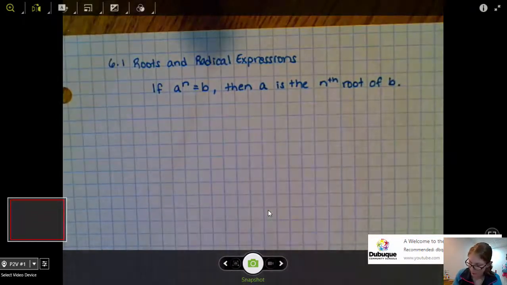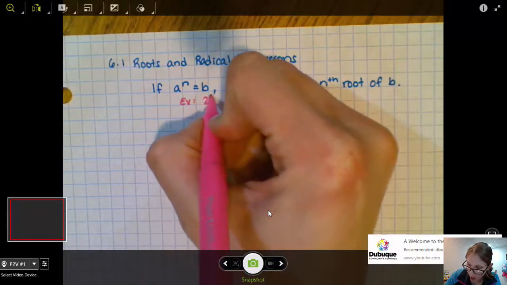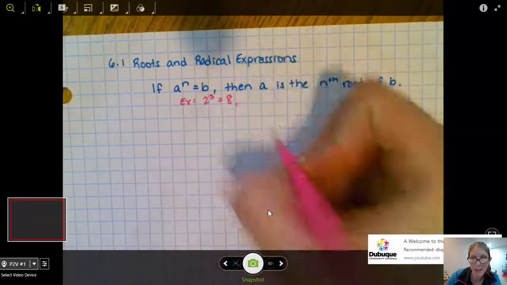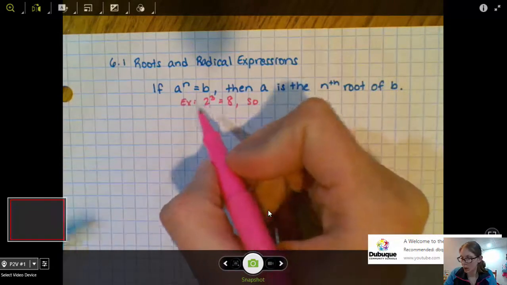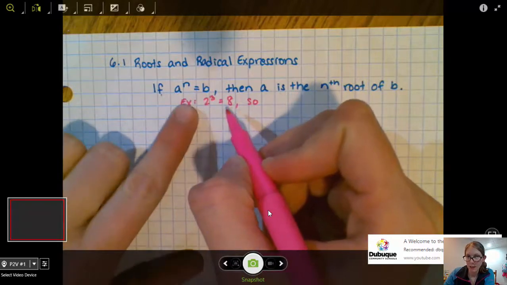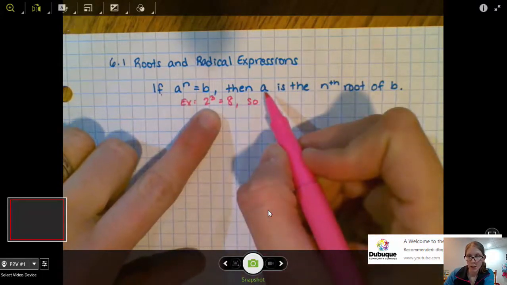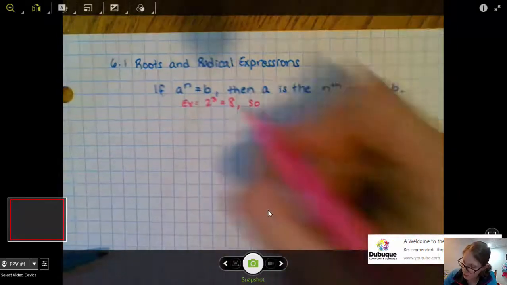So for example, I think you guys will all agree with me that 2 to the third power is 8. So if you kind of keep track with where things are, 2 to the third power is 8. That means 2 is the third root, or the cube root, of 8.